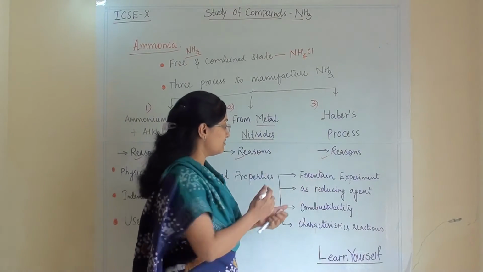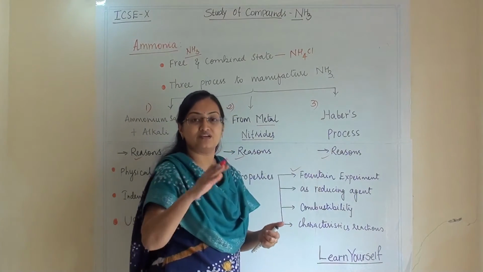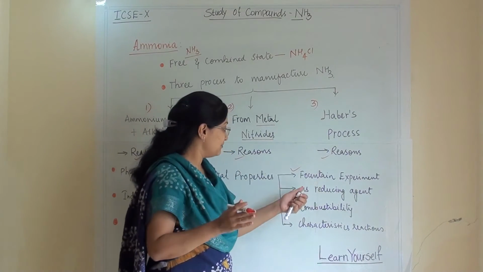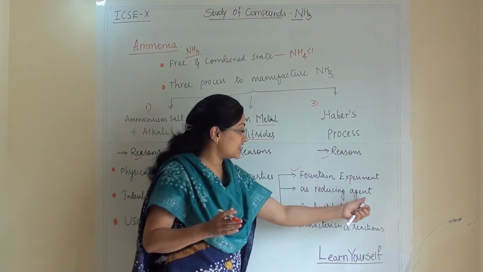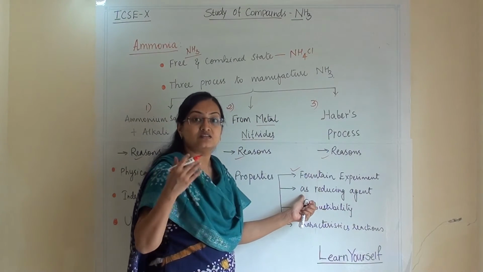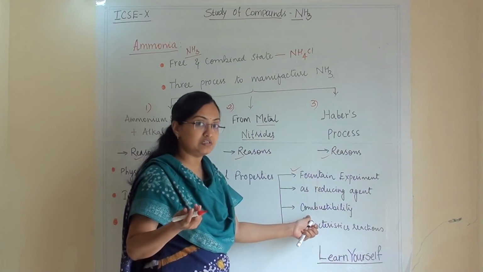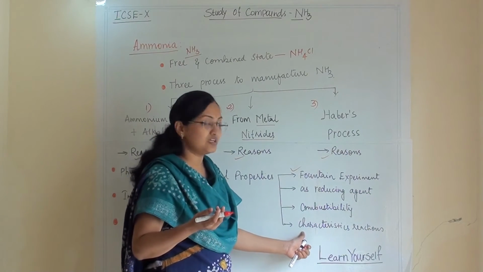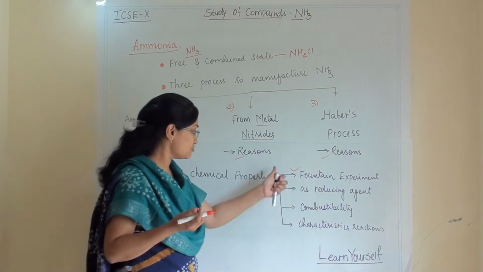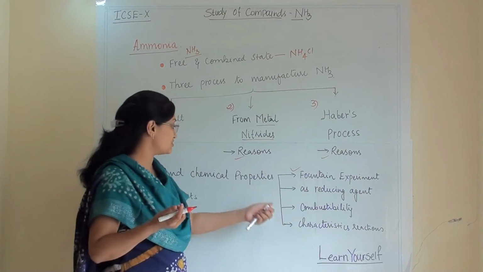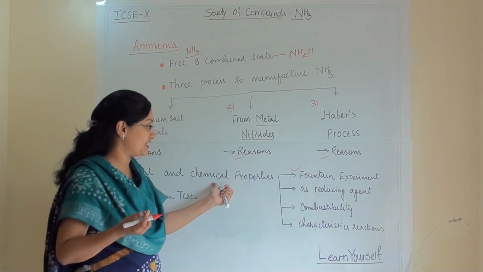It includes the fountain experiment, the same way we saw in HCl, ammonia's reaction as a reducing agent, combustibility, then characteristic reactions. All these things we will study under chemical properties.